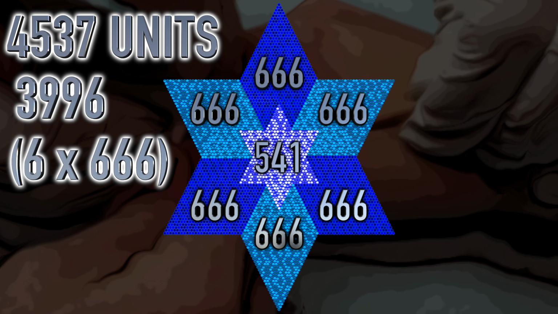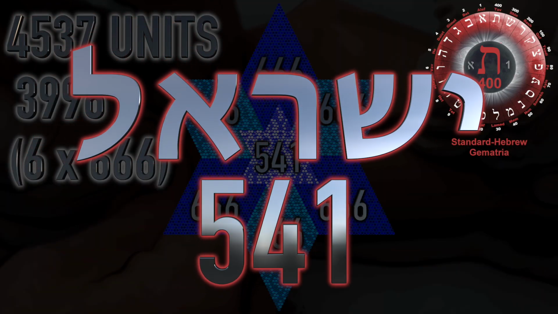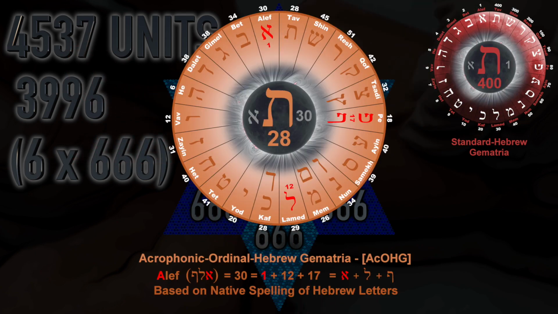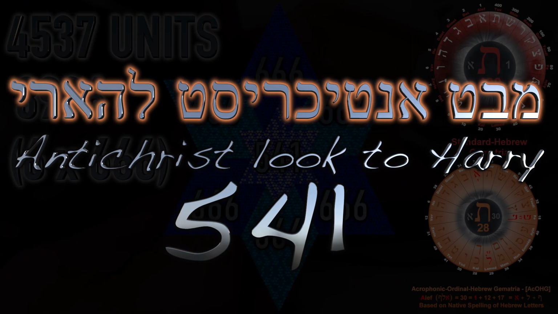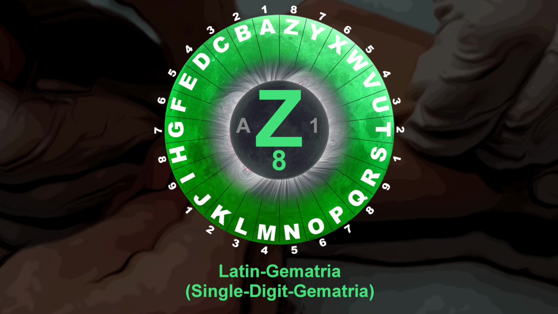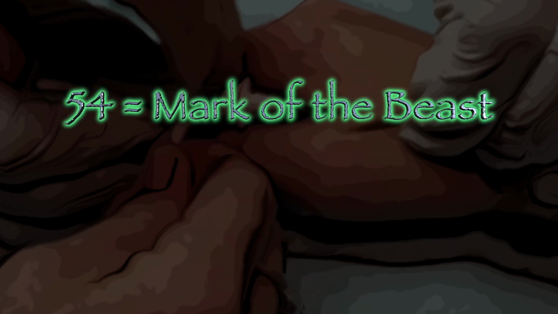The curious thing about the number 541 is that it is the standard Hebrew Gematria value for the name Israel, as well as the acrophonic ordinal Hebrew Gematria value for Antichrist look to Harry. Using Latin Gematria, mark of the beast equals 54.